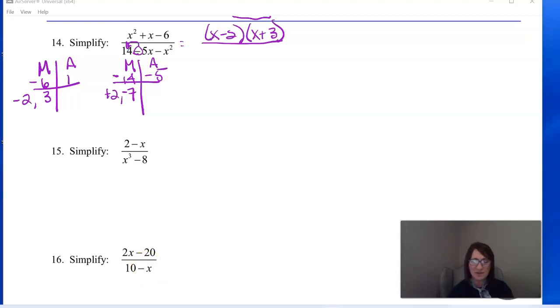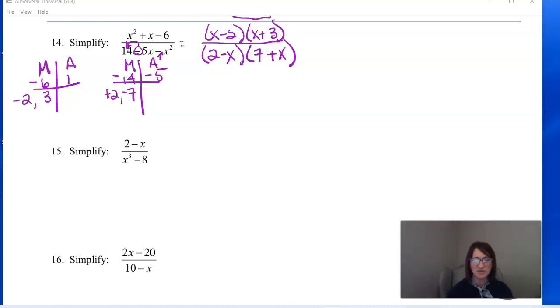There we go. All right, so this is going to be 2 plus x, 2 minus x, because we've got the negative here, and then we've got 7 plus x.